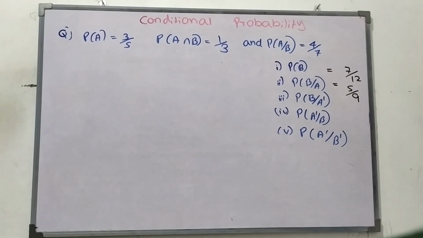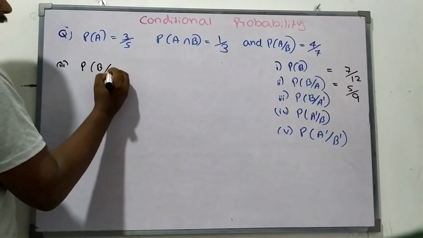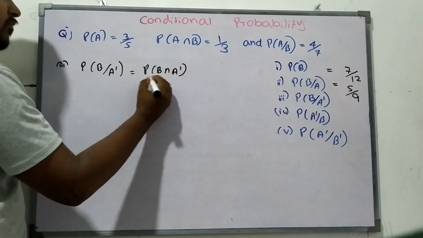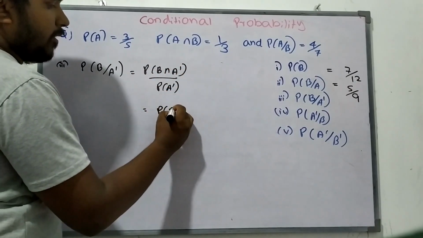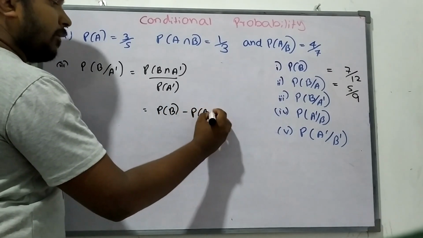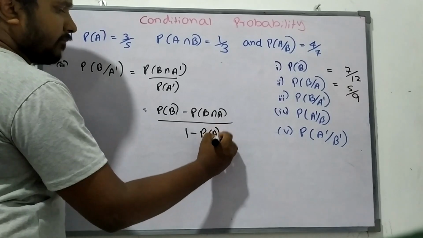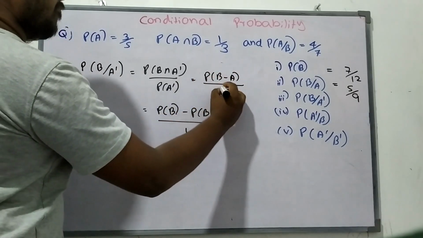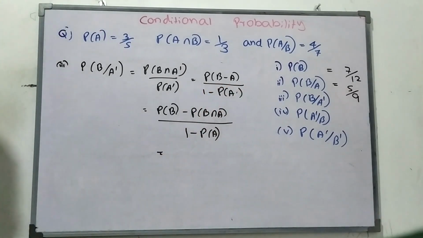The third one, P(B over A dash). This is P(B intersection A dash) over P(A dash), which is P(B) minus P(B intersection A), no? This is over 1 minus P(A). Actually this is P(B) minus P(A intersection B), no? P(A dash) is 1 minus P(A).